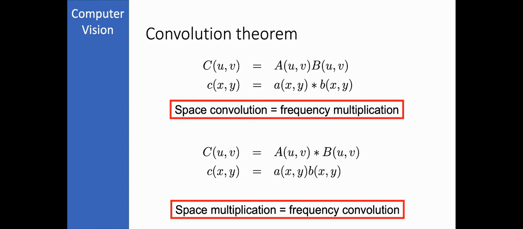If I convolve an image in space with a kernel, that meant multiplication of the Fourier transform of the image with the Fourier transform of the kernel. Vice versa, if I multiply an image with a kernel in space, it meant convolving the Fourier transforms in the frequency domain.